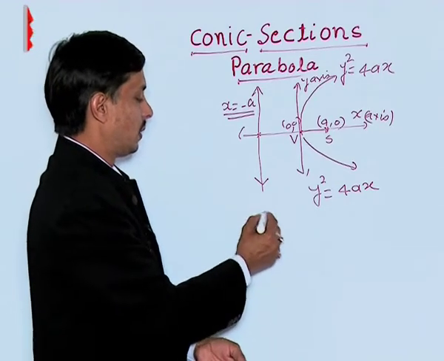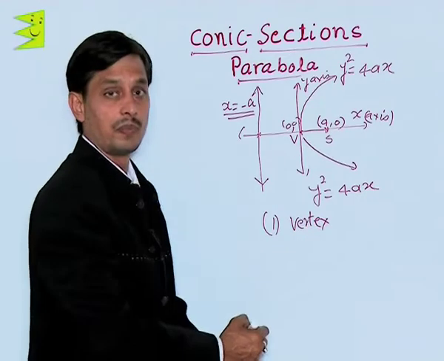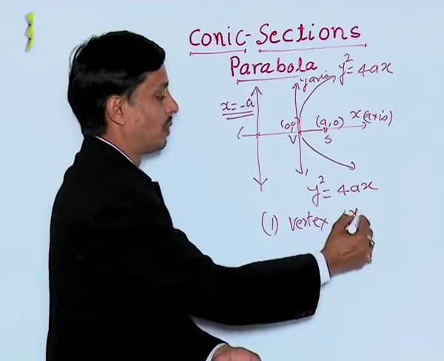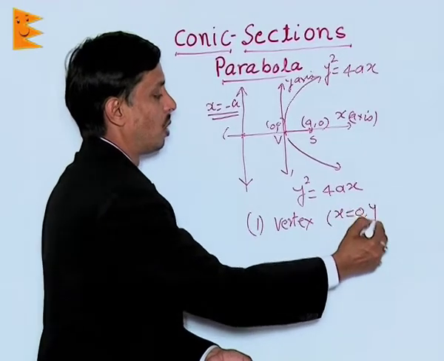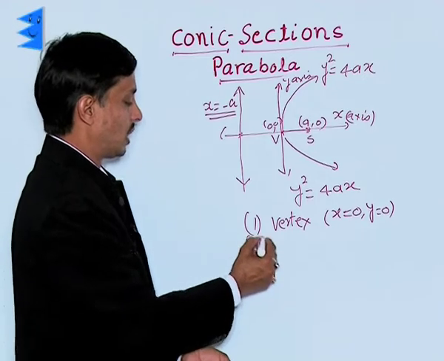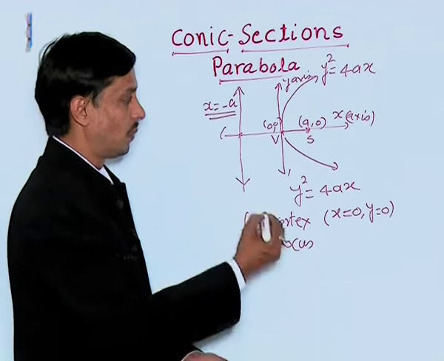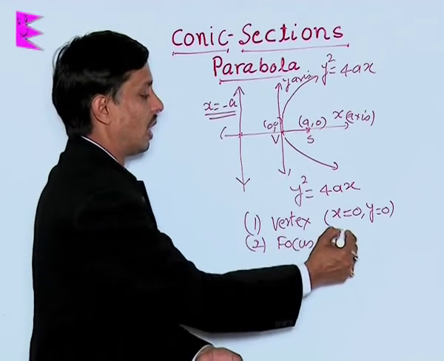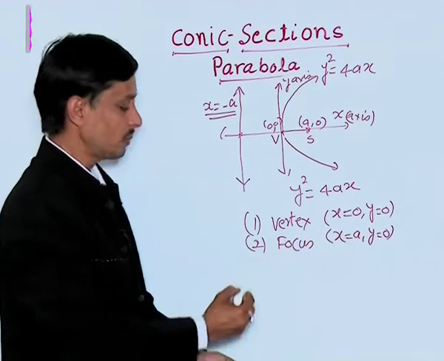About it, first of all, I would like to tell you its vertex. The coordinates of the vertex of this parabola are x equals 0, y equals 0. The second term is its focus. The coordinates of the focus are x equals a and y equals 0.